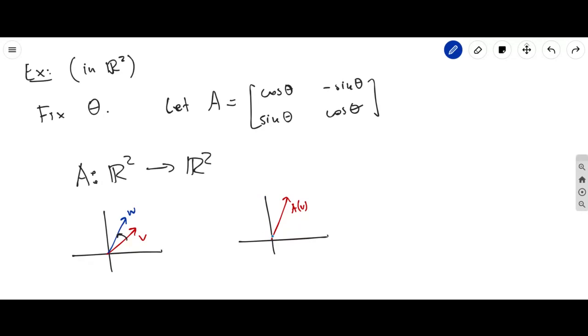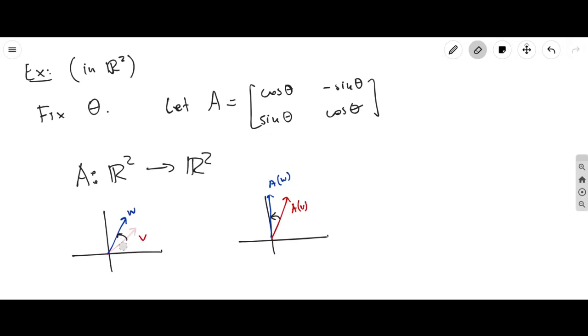Maybe I should not draw it like that. Maybe like this or something. This is A of W. Then the angle between them will be exactly the same. But what you should pay attention to is the orientation. Notice when you go counterclockwise, V goes first, W goes second. Same thing over here. V goes first, W goes second. You can also use your right-hand rule.